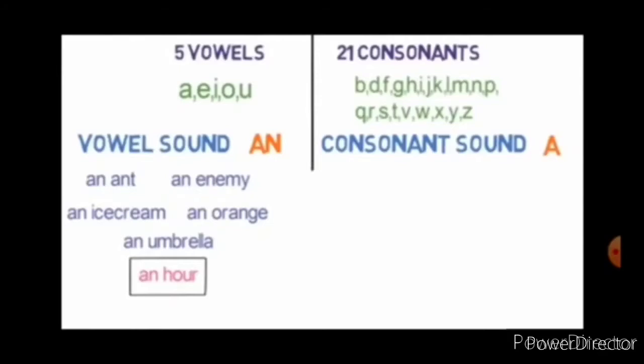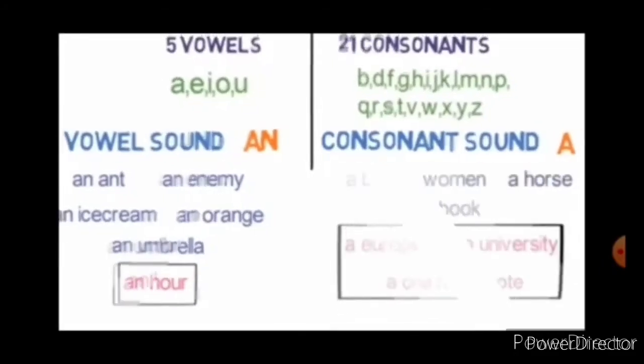The first letter of the word is the consonant letter H, but how does it sound when you pronounce it? Our. So an O sound is there, so we have to use the article an. When a word starts with a vowel sound, we have to use the article an in front of the noun.